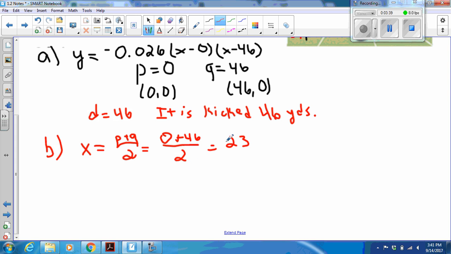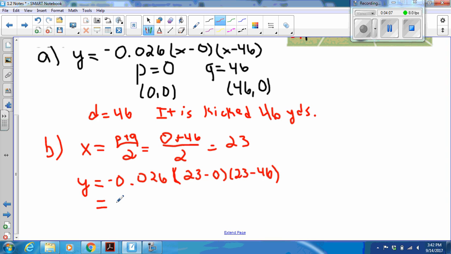Now we plug our 23 back into our original equation. So y equals negative 0.026, and we plug 23 in for x. So we have 23 minus 0, and then 23 minus 46. Make sure you do what's in the parentheses first.